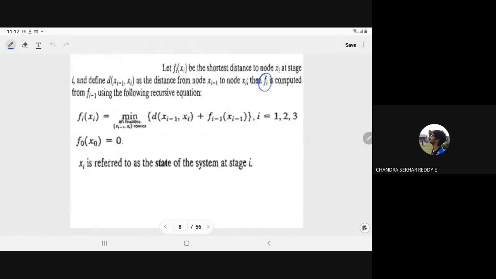Then fi is computed from fi minus 1 using the following recursion equation. So what you have to write: the function value for node 7 is the minimum, over all possible points, meaning 5 to 7 and 6 to 7, of the distance from 5 to 7 and 6 to 7, plus the optimal value at node 5 and node 6.